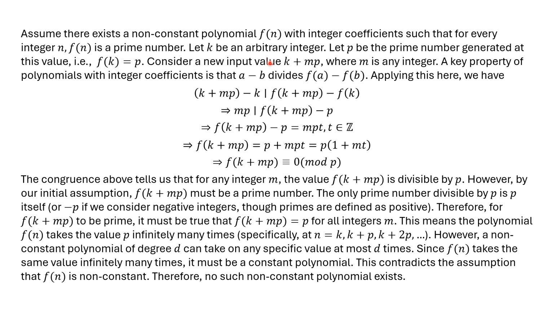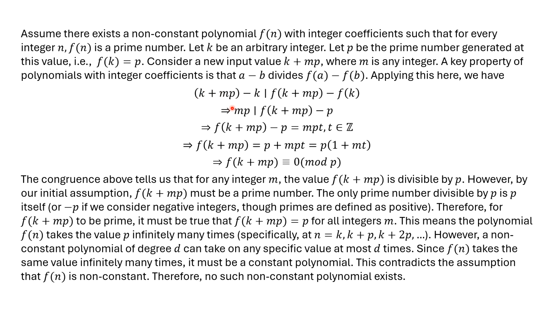And then consider k plus mp, where m is an integer. There's a key property of polynomials, which I'll prove on the next slide, but just take it as a given for now, that a minus b divides f of a minus f of b. Applying this here, taking a to be k plus mp and b equal to k, we have this.